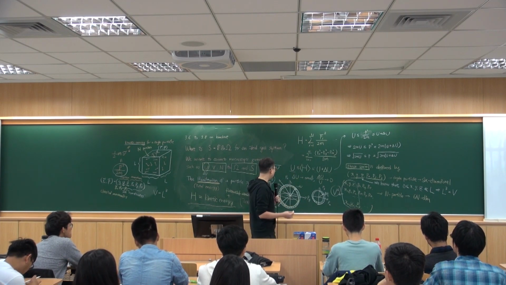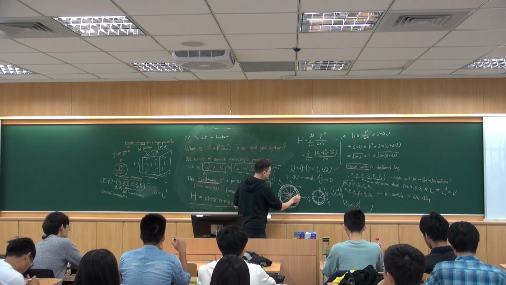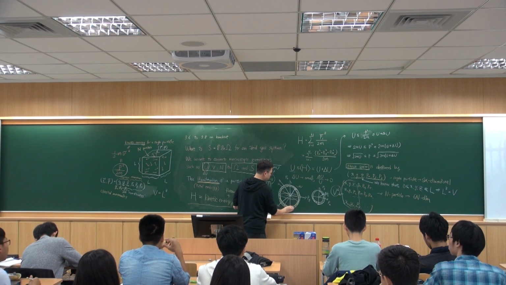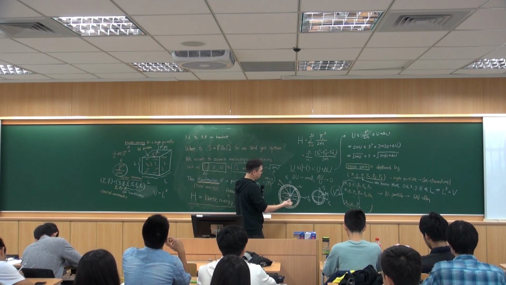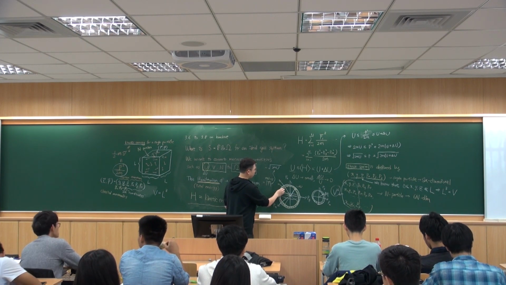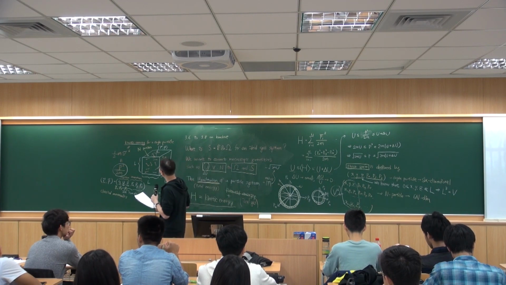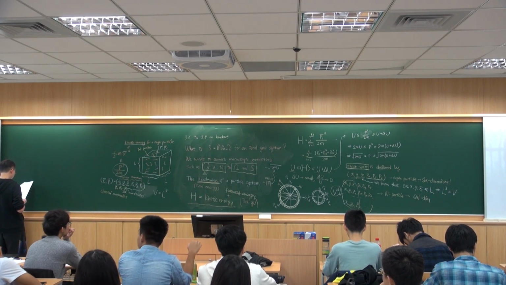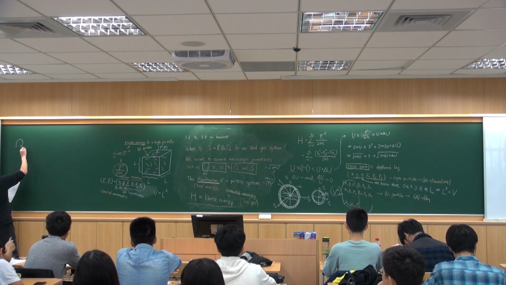And we also want to know what the possible values of P can be. Therefore, to calculate that, let me go to here. Let's say this is what we want to calculate, and this is for n particles.